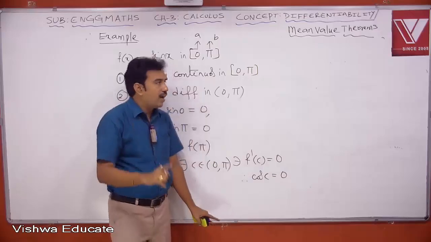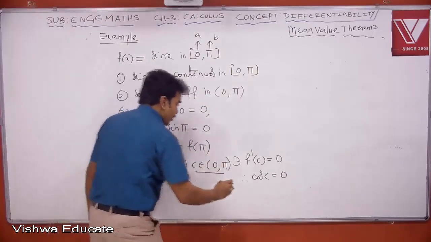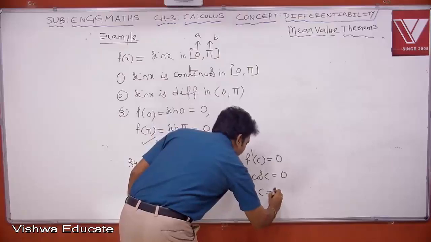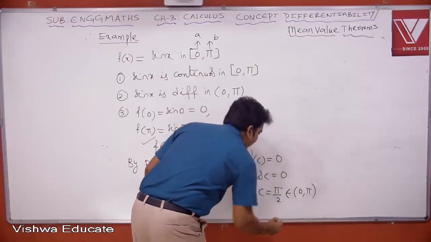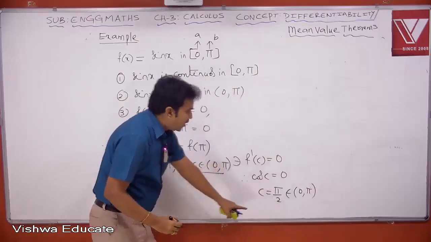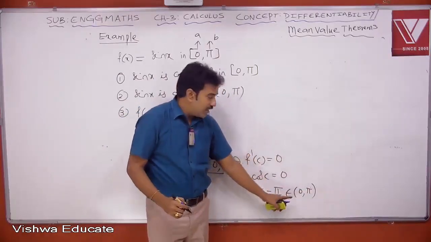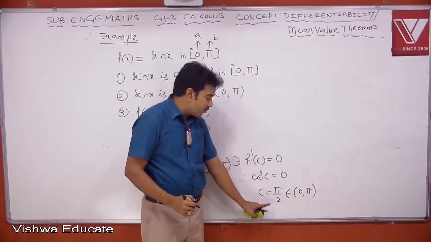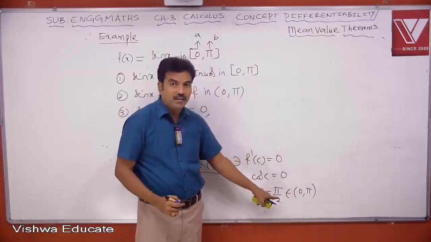But you must consider the c value which belongs to this open interval a comma b. So the value of c is pi by 2. Of course, this belongs to open interval 0 comma pi, and this pi by 2 is the midpoint of this interval. You can see even in case of trigonometric functions, we were getting c value as the midpoint of the interval. Okay, note this.